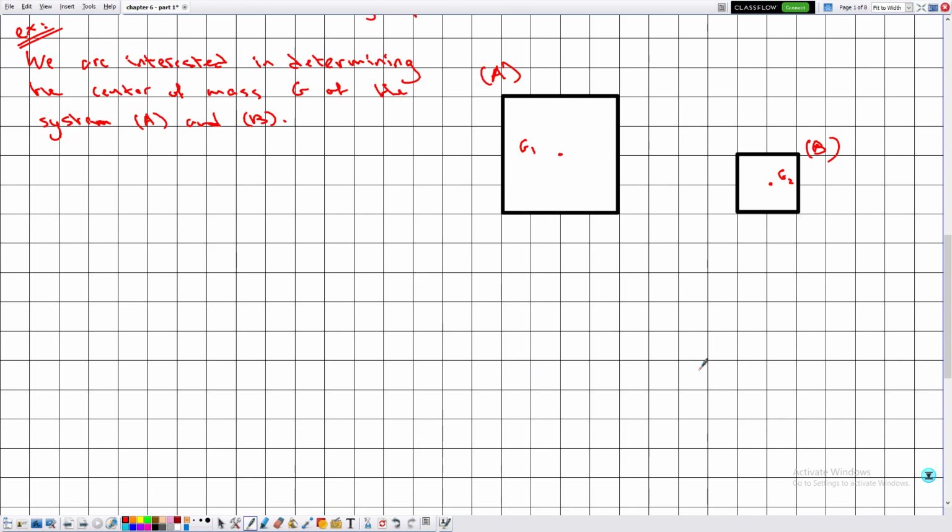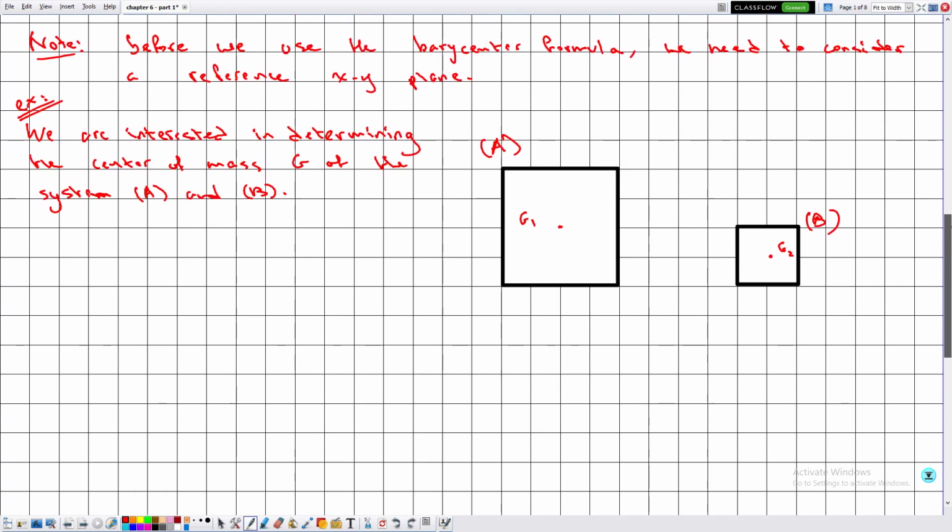And according to this note, here for sure we need to make use of the barycenter formula, which is given by OG equal to the summation of mi OGi divided by the summation of mi. Now suppose in this case the mass of A is 4 kilograms and the mass of the object B is 2 kilograms, so the mass is important in this case.